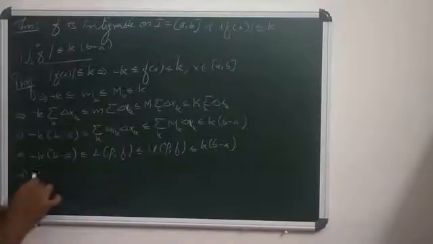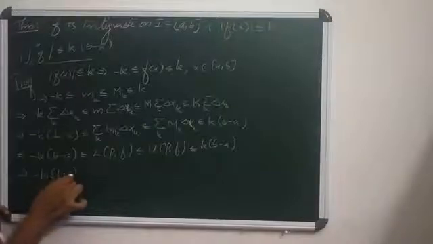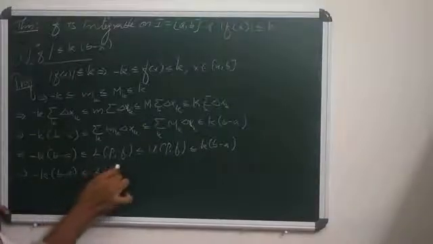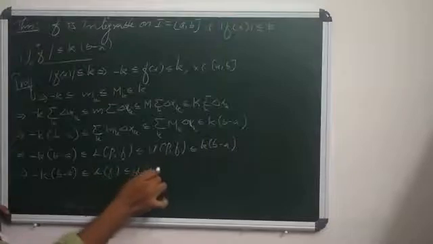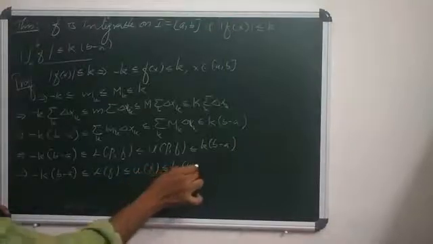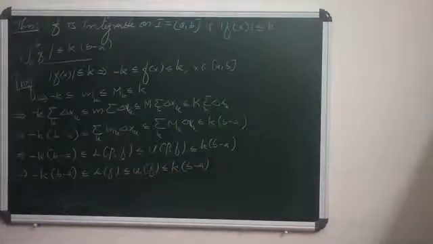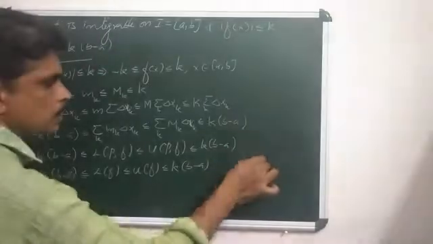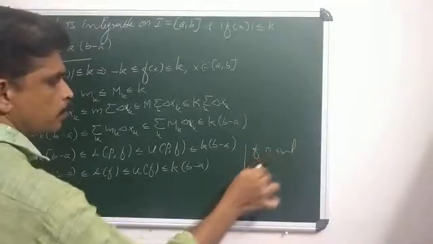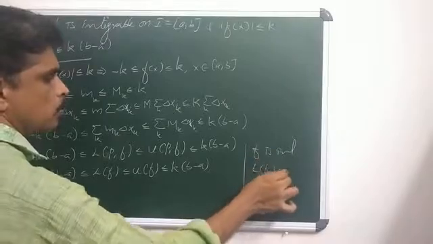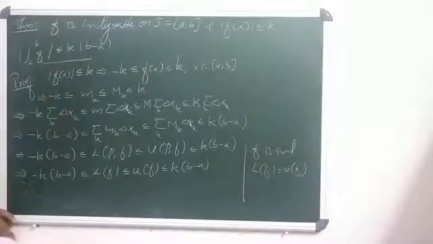So it is finally minus k into b minus a less than or equals LF less than or equals UF less than or equals k into b minus a. But since f is integrable, it is already given that LF equals UF.